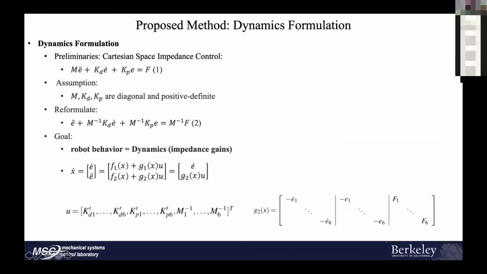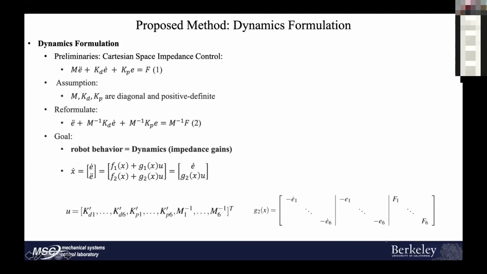So let's take a look at the details of how we achieve this. What we want is to have a real-time optimization method to obtain the optimal impedance gains online. In order to achieve that, it is desirable to have a relation between the robot behavior and your impedance gains. So here, let's take a look at how we achieve that.